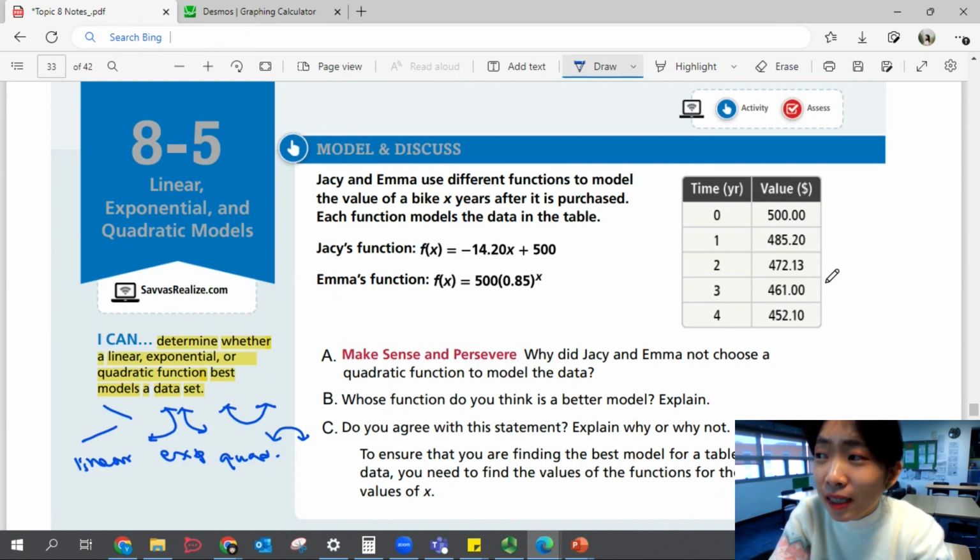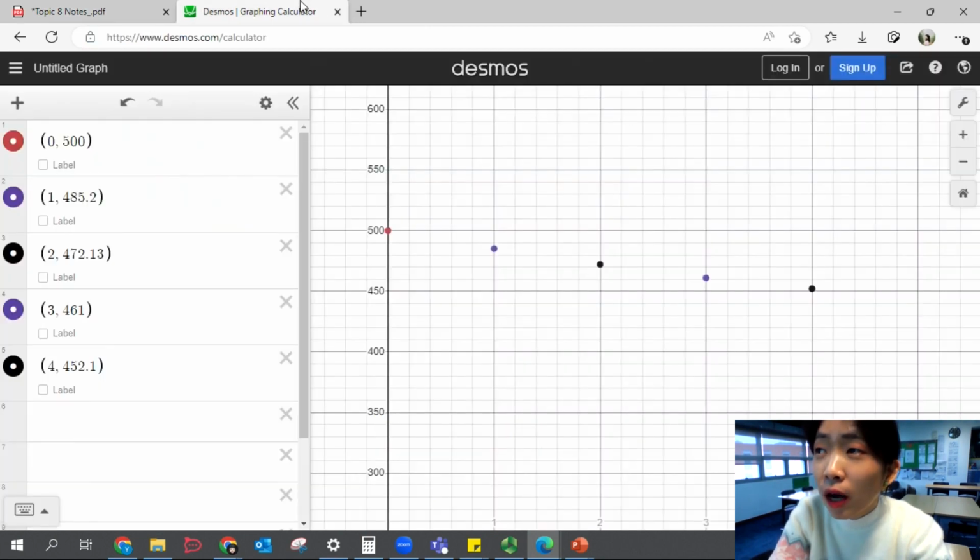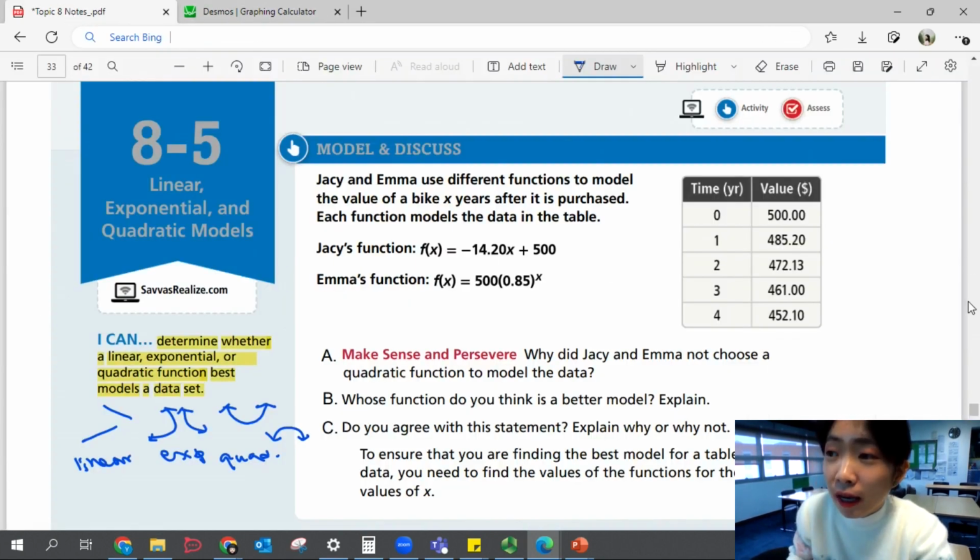So, part A. Why did JC and Emma not choose a quadratic function? So neither of them are quadratic. You know how quadratics look like a parabola, right? A quadratic function wouldn't make sense because the bike's value is always decreasing.